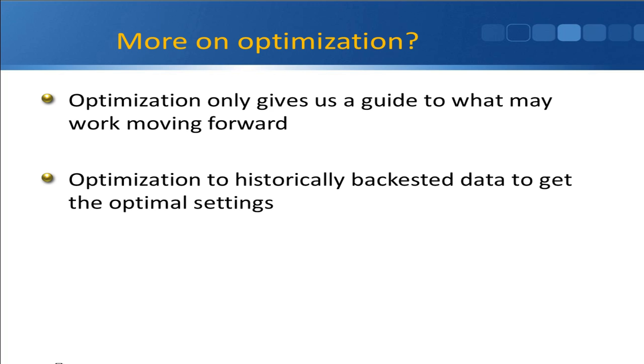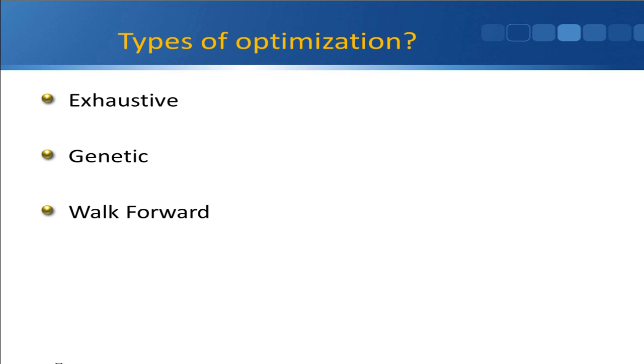More on optimization, so we've already covered that, and we mentioned on Monday night the types of optimization: exhaustive, genetic, and walk forward optimization. Now we're going to spend a full session on walk forward optimization tonight. Exhaustive is where we are testing every possible scenario that we have in our inputs. Remember, our inputs are the strategies that we have in our system.